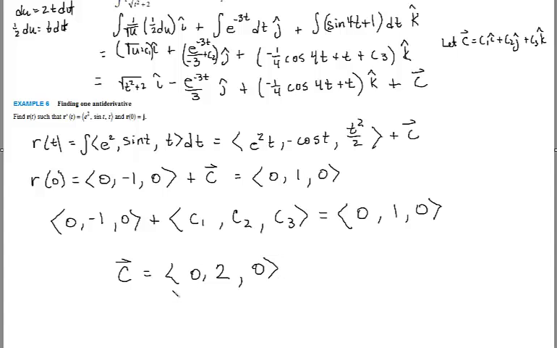So r of t, which we said is this guy right here, plus this vector c, is e squared t, then 2 plus that, so 2 minus cosine t, and then just t squared over 2. And there's how I find the unique vector associated with that integral.